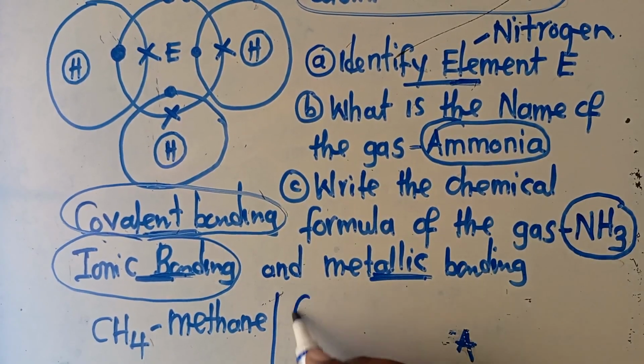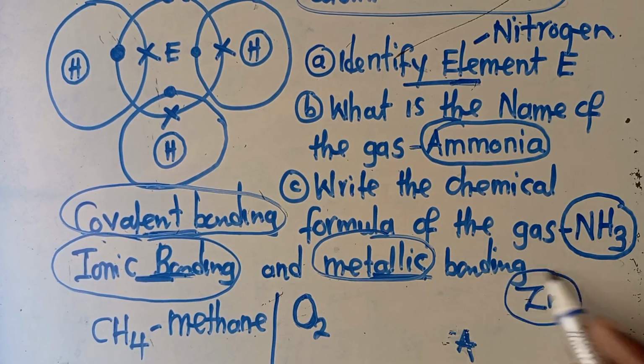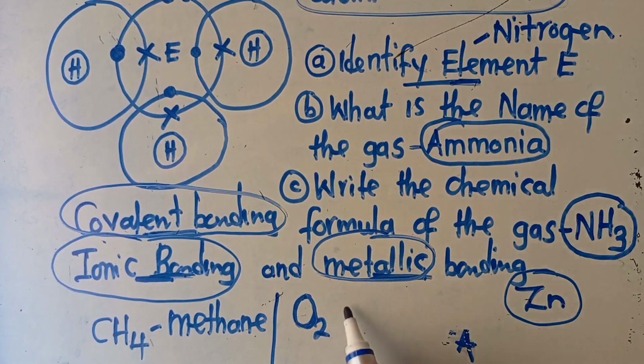You can also talk about a hydrogen molecule, or oxygen gas, just between non-metals. For metallic bonding, you can be given a question to show the bonding of zinc, between zinc atoms. You can also have carbon dioxide. This is what you are supposed to know.